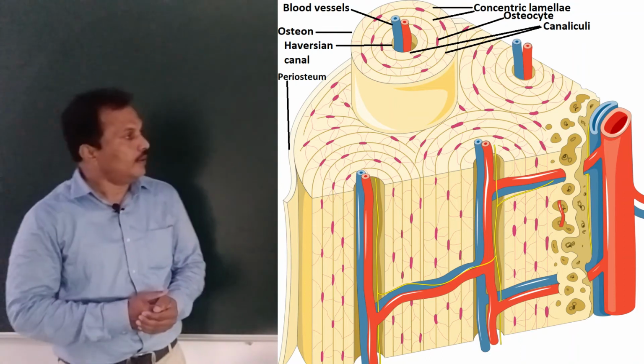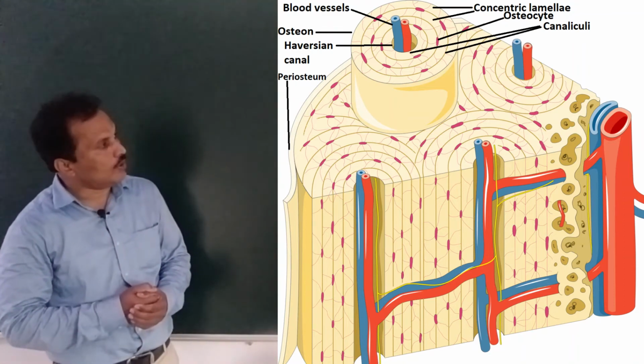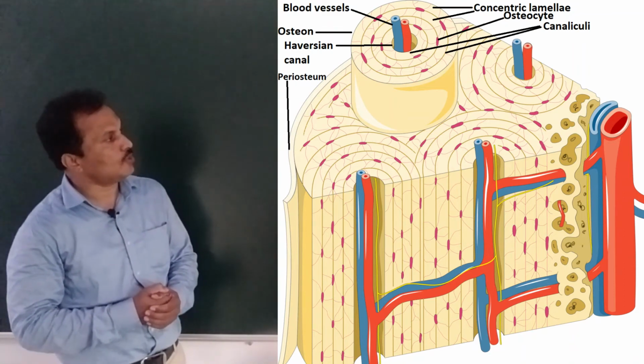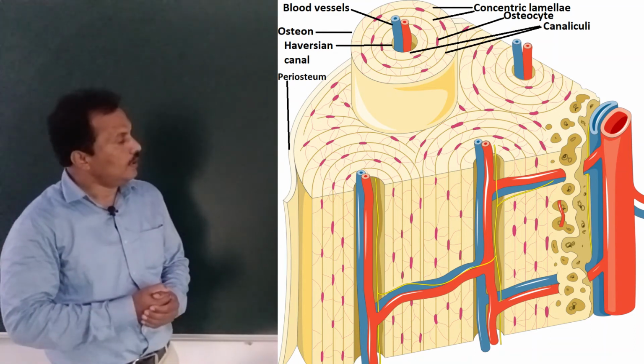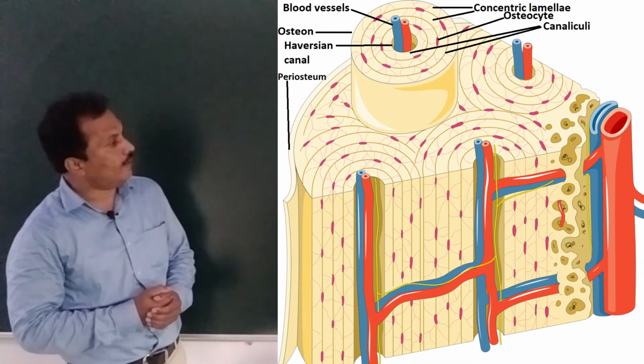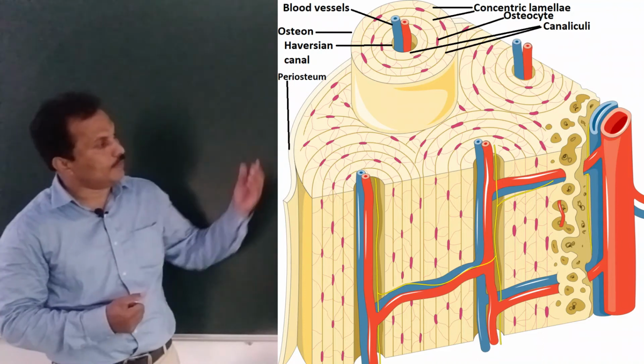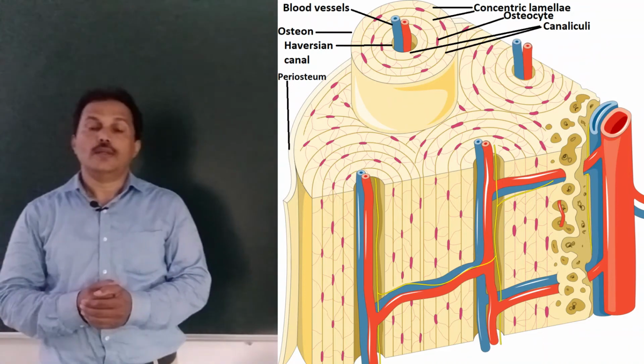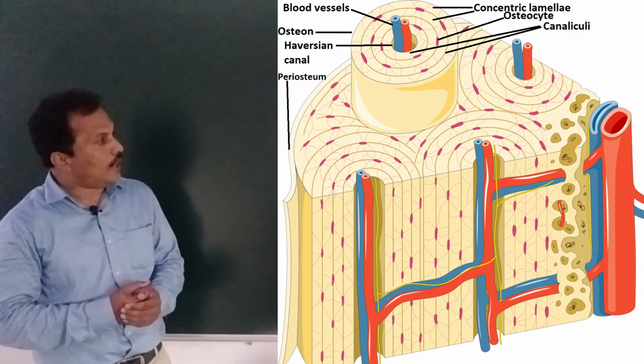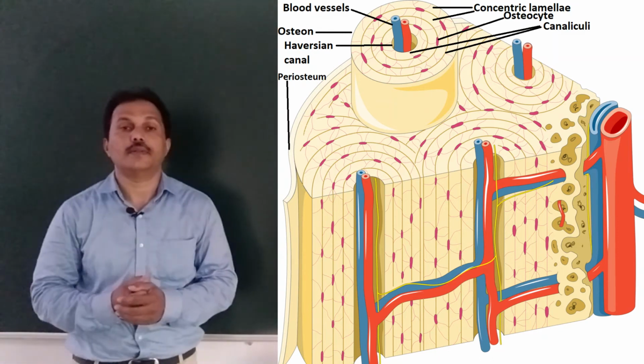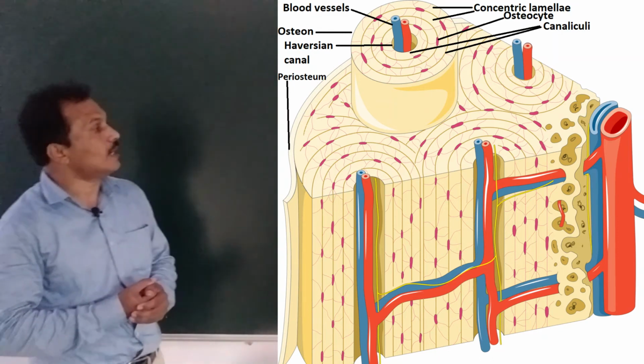You will find the periosteum, the outermost layer. Underneath that there is a Haversian canal through which the blood vessels and nerves pass, and in the compact bone the different types of lamellae are present.